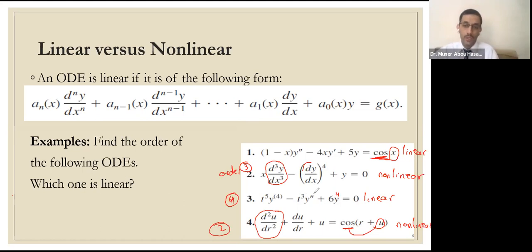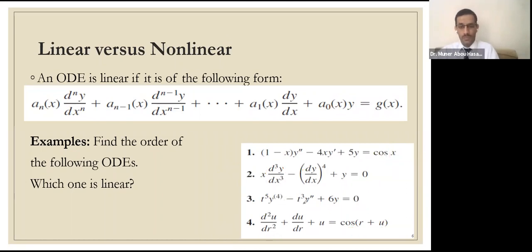If you have here y second derivative with power 3, so also it is non-linear, okay? Here, for this one, if you have the fourth derivative with power maybe 11, so you can say it is non-linear. But now, for equation number 3, I have y with power 1.